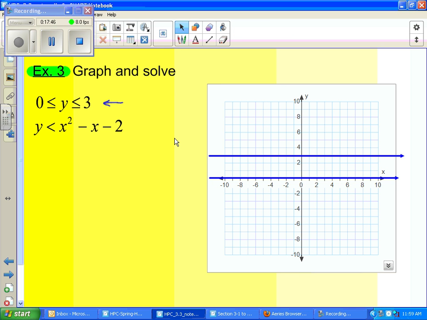All right, there they are, our y equals 3 and y equals 0. Boundary lines solved. The next one, y is less than x squared minus x minus 2, a quadratic.